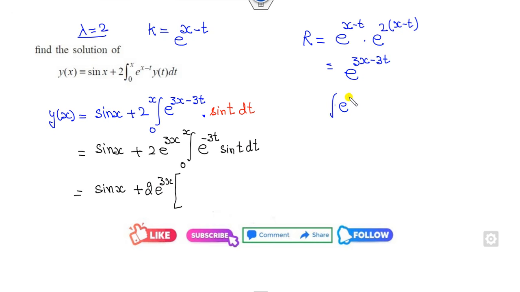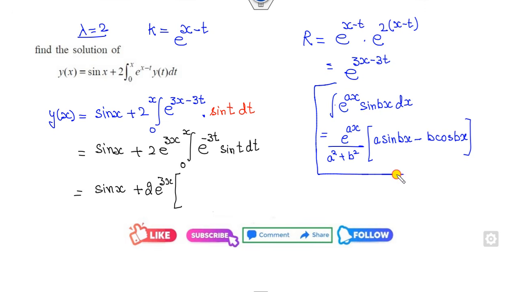So we all know e raised to power ax sine bx dx, what is the integration of this? e raised to power ax divided by a square plus b square into a sin bx minus b cos bx.